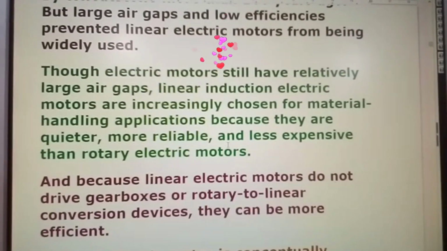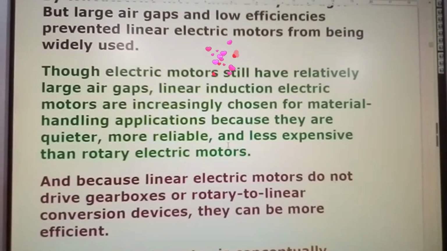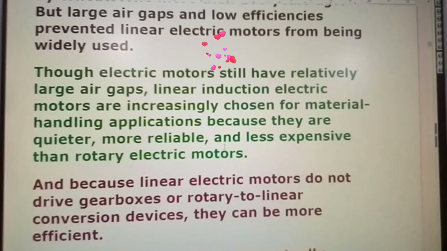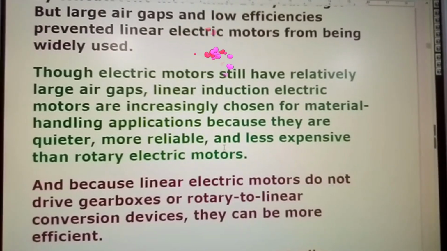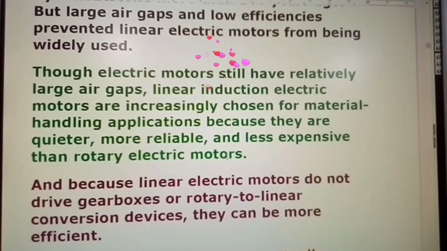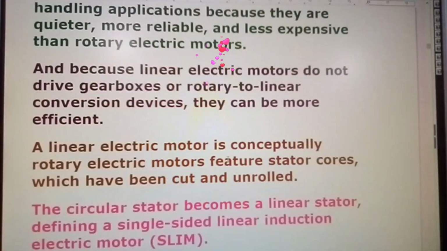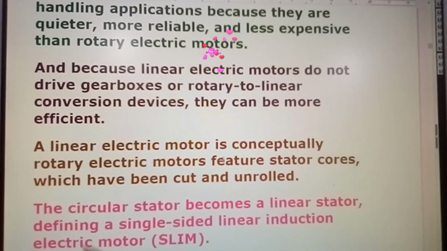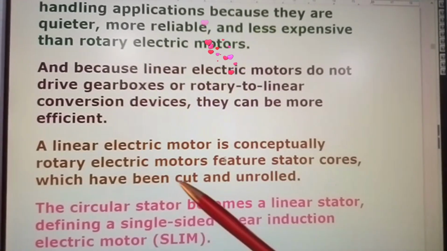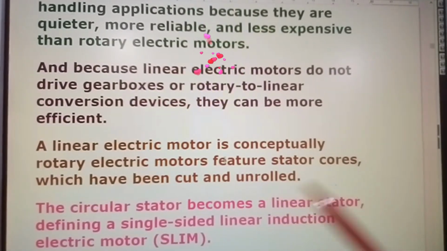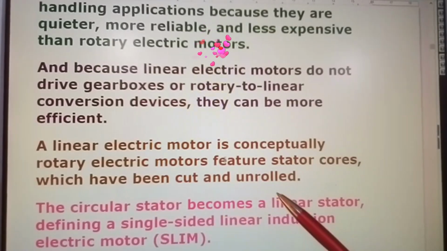So here we have information telling you about the motors as they would be and as they may be used, and what will give you certain efficiency in certain areas. A linear electric motor is conceptually like a rotary electric motor whose stator has been cut and unrolled.